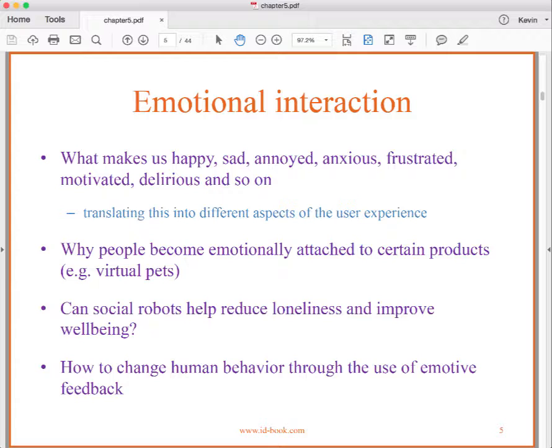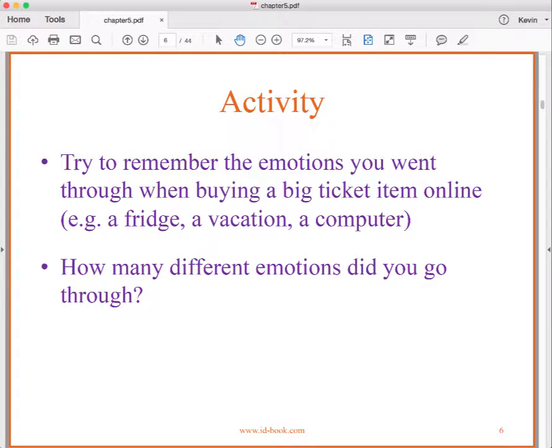And how can we change human behavior through the use of emotive feedback? We've got some places where we talk about things like the applications that try to get us to exercise more or to conserve water or power or those kinds of things.